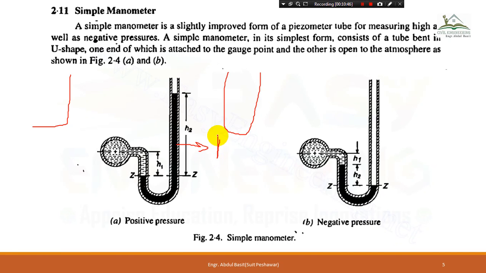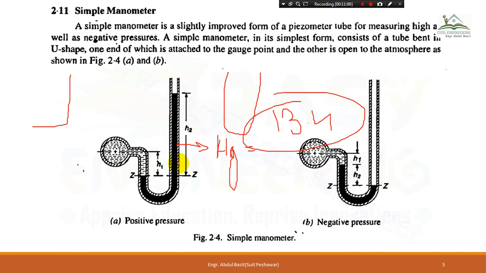Mercury over here has a specific gravity of 13.6, if I'm not wrong. If this is a heavy material, then when the pressure is exerted by this pipe, the water or any fluid present in this pipe will create a downward force on the mercury.